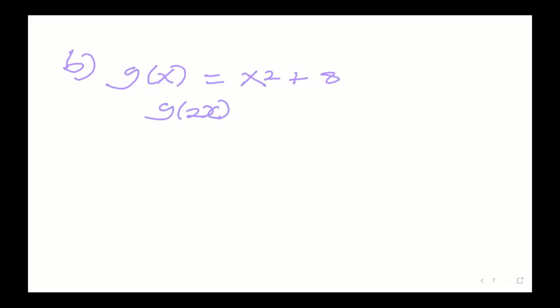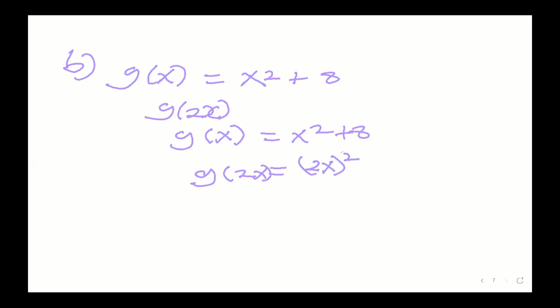But remember, they have given the function g of x, it's x squared plus 8. This 2x will just replace the x you're seeing in this equation of g of x. Therefore, for you to get your g of 2x, the 2x will have to take up the place of x, whereby x is being squared. Therefore, you have to square this 2x.